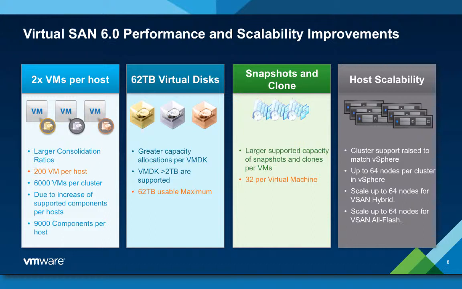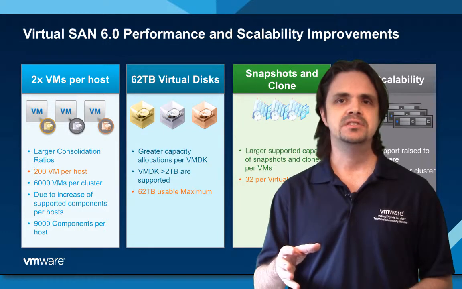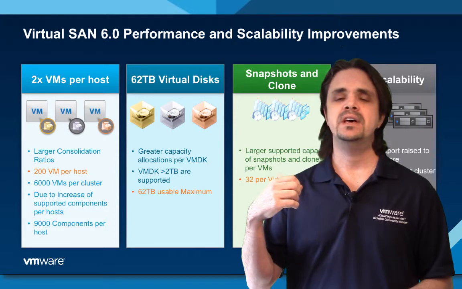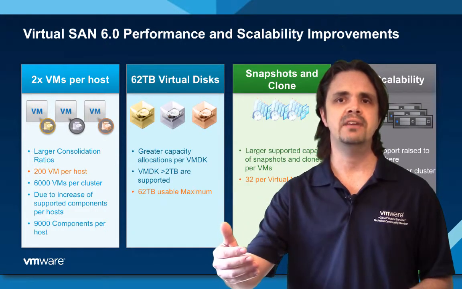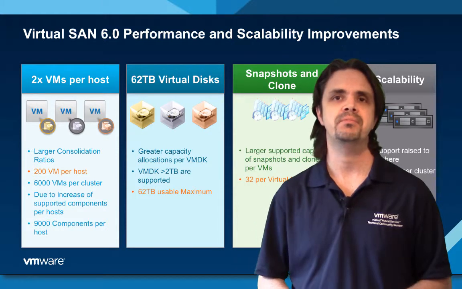But there are a few other things that I think have kind of flown under the radar with virtual SAN that I wanted to bring to light today. One of them was the 62 terabyte VMDK. Now, this isn't to say we're going to go out and create monster machines right out of the gate, but I have been in a ton of situations where we might have been replicating a physical infrastructure into a virtual platform, or P2V if you will.